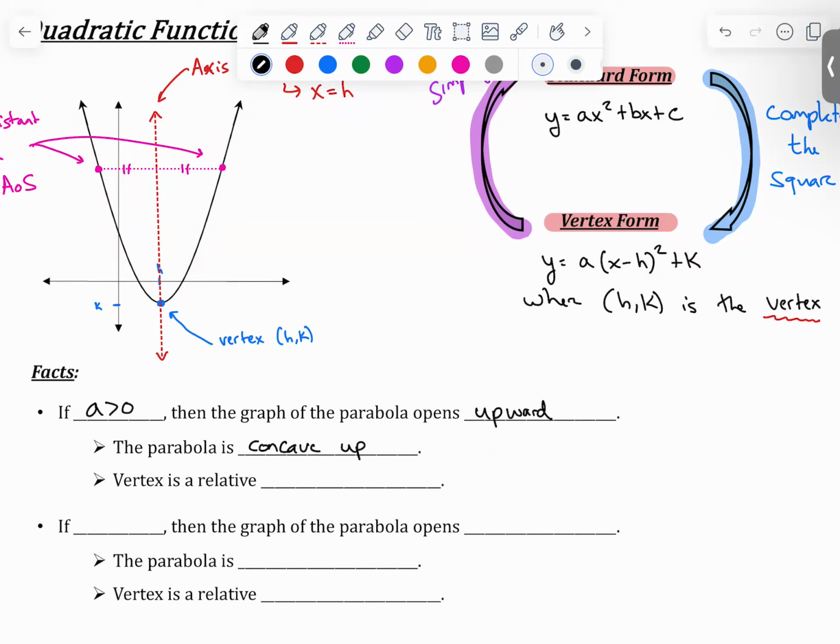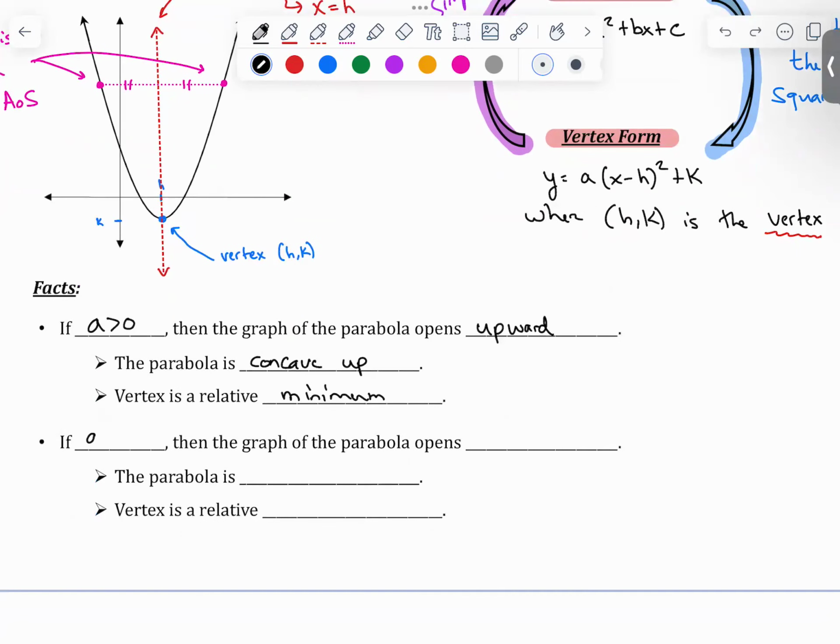which will be a more important concept later on in calculus, but we still talk about it. And then the vertex is a relative minimum because of the graph you're forming. If a is less than 0, then the graph of the parabola opens downward, and the parabola is concave down.